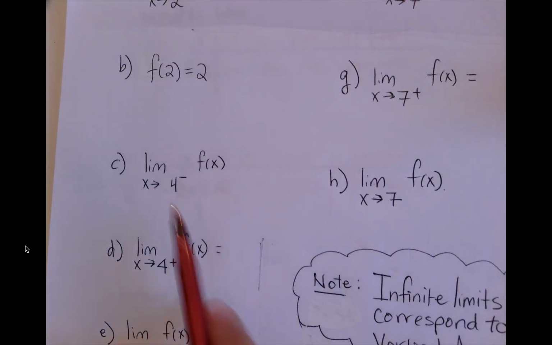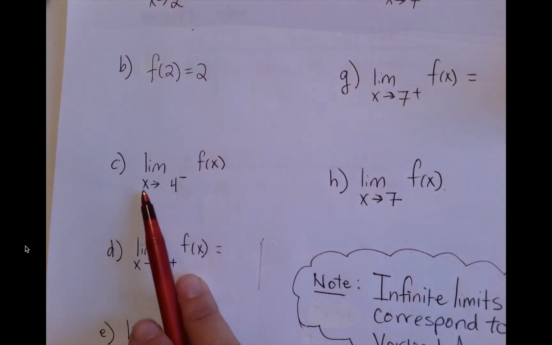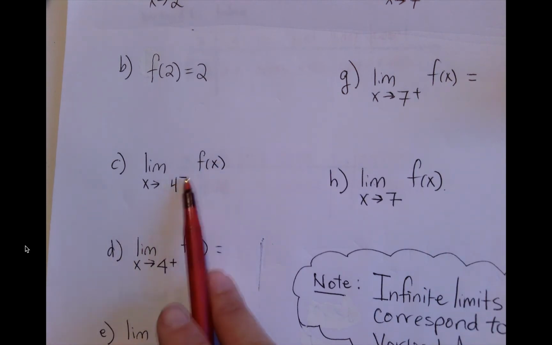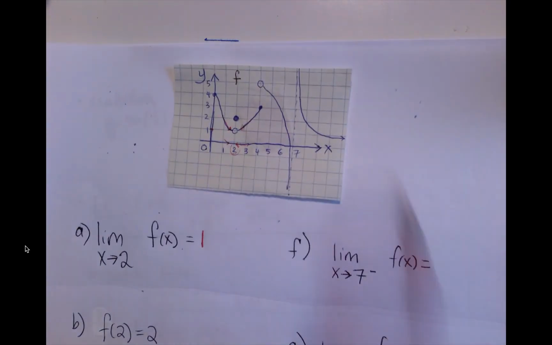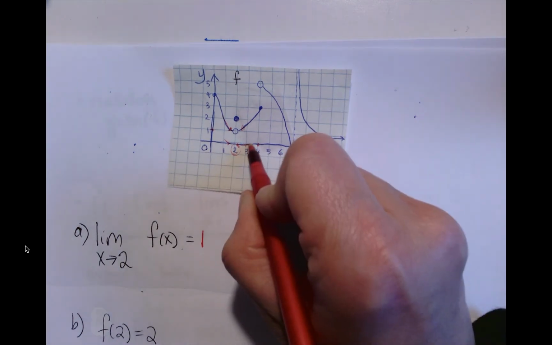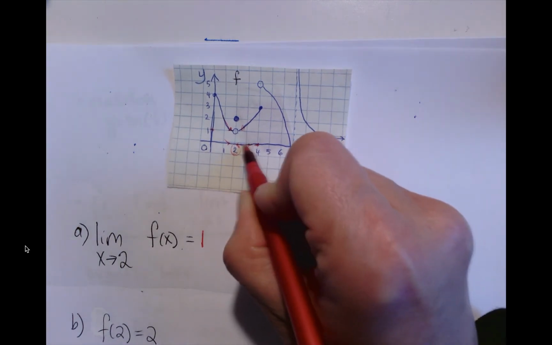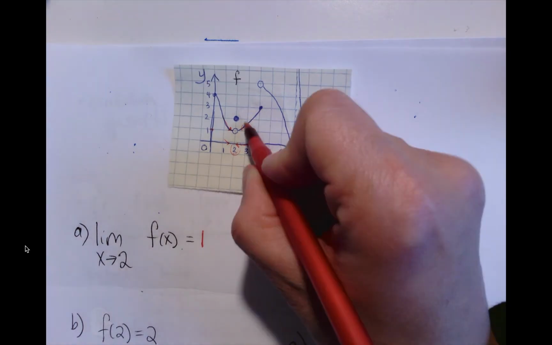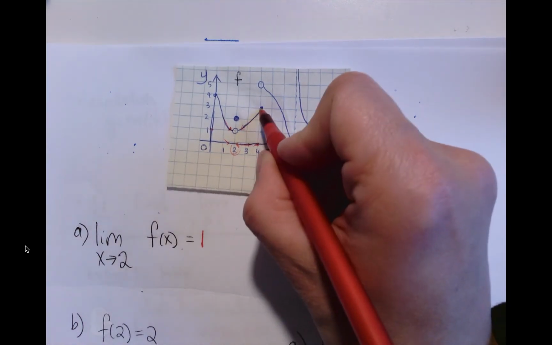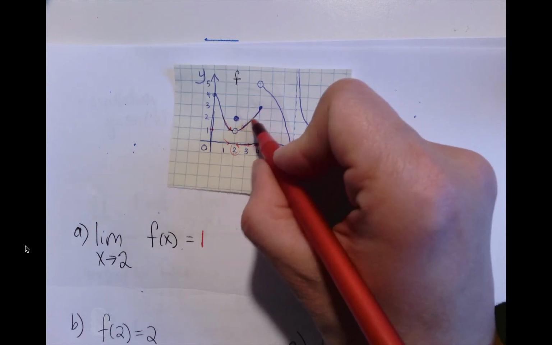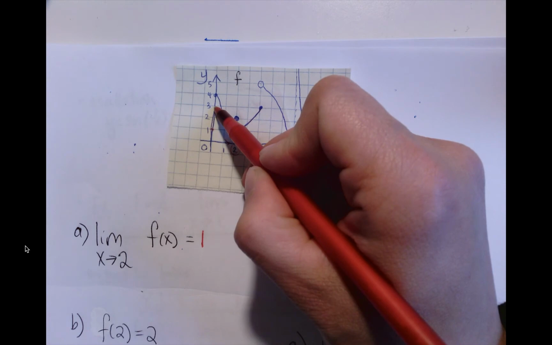The next limit I want to compute is the limit of f of x as x approaches 4, but only from the left. So I go back up to my graph, and I find 4, and this is the left side of 4. These are values of x that are smaller than 4, and I can see that the graph is here. So the outputs, the y values, are approaching 3.